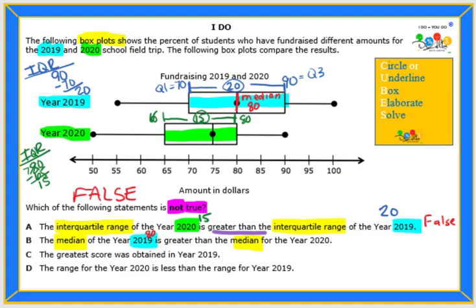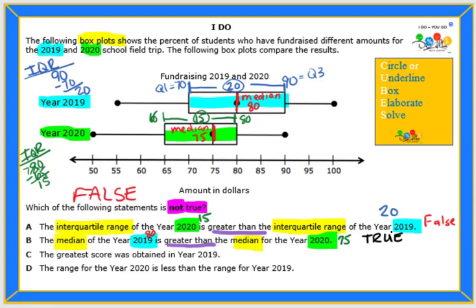Then for the year 2020, we can look at where the line is inside the box. That is our median, and that one is 75. You can also see it by looking at the picture. The median for the year 2020 is further to the left, so it is less than the one for 2019. So it says 80 is greater than what we got for 2020, which is 75. And 80 is greater than 75, so this is true.